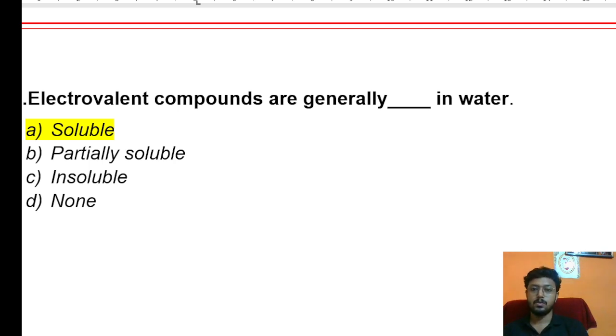If you add NaCl to water, what will happen? It will dissolve very fast. Yes or no? Ionic compounds dissolve very fast in the solvent. The rate of reaction is very fast compared to covalent bonds. Understood? So you can say electrovalent compounds are generally soluble in water. Got it? And that rate of reaction is very fast also.